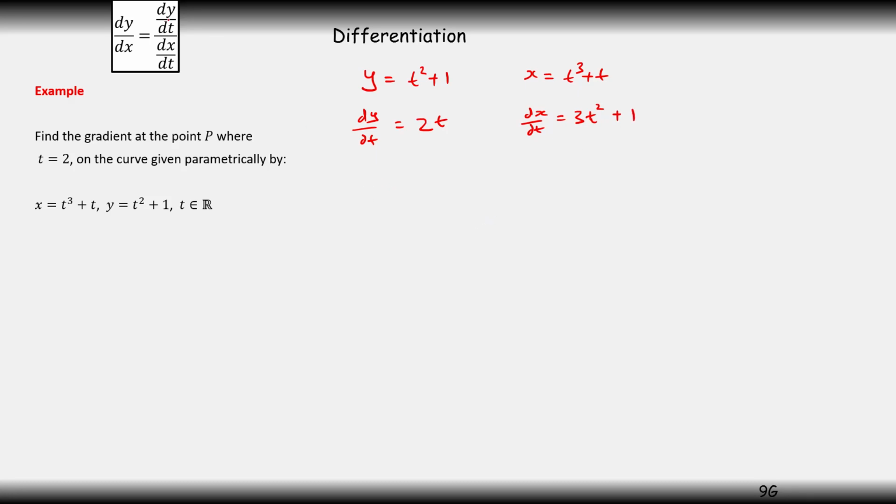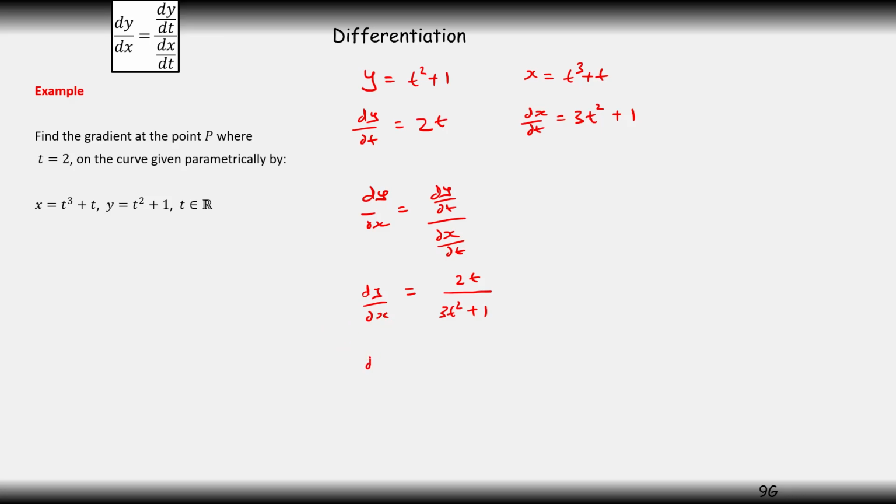Now we know from earlier dy over dx is given by, in terms of t, dy over dt divided by dx over dt. So if we substitute for dy over dt and dx over dt, we have 2t divided by 3t squared plus 1. And we've differentiated it then. Now we want to find the gradient at the point t equals 2, so we sub in for t.